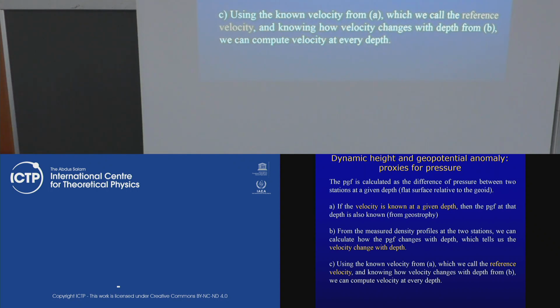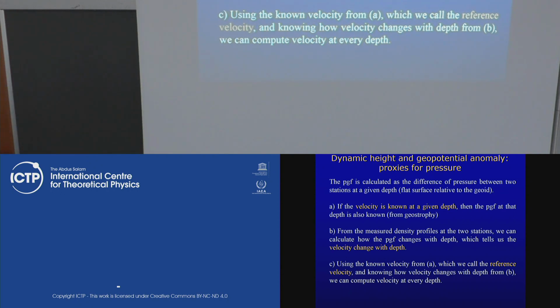Okay? By knowing the vertical distribution of the pressure gradient force, we cannot obtain the absolute velocity. We can obtain only the vertical shear, the vertical changes of the horizontal velocity. Only in the case we know the velocity at a certain depth, which is the reference level, we call it the reference velocity, and knowing how velocity changes with depth, we can compute velocity at every depth.